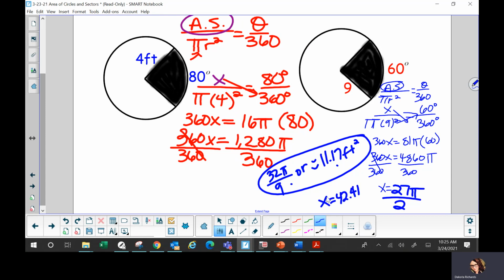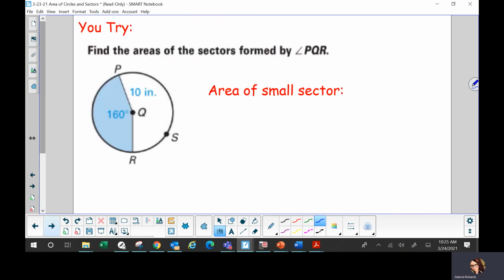And it doesn't tell you in what units that is. Okay. So I want you to try this. Same kind of question. Find the area of that sector in blue.